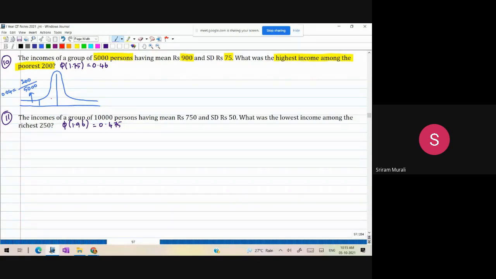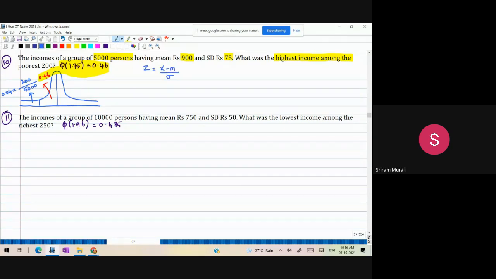So what should it be? 0.46. That 0.46 is this value. You know z is equal to x minus m by sigma. You are given the z value.